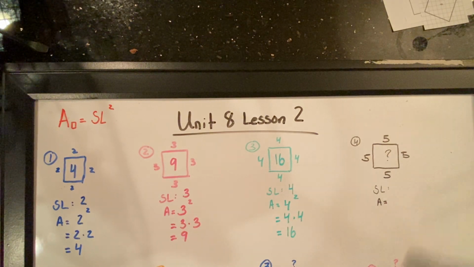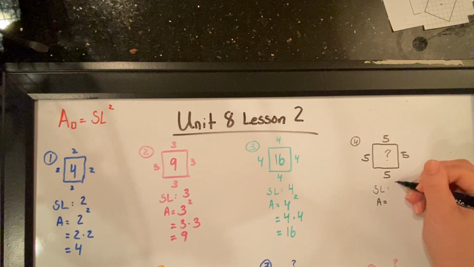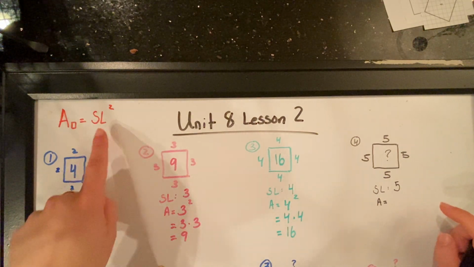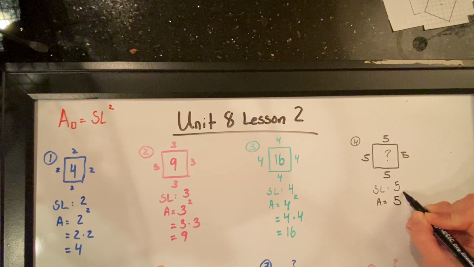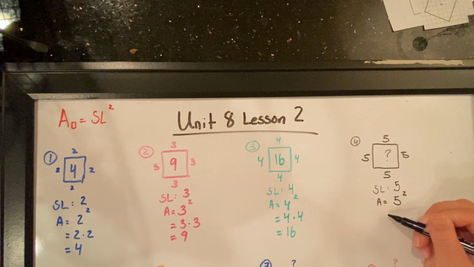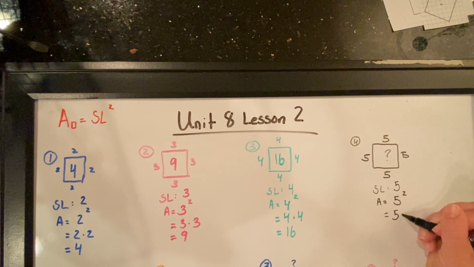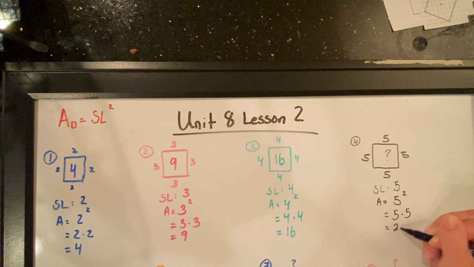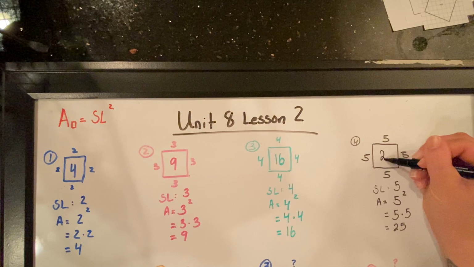So here we have a square. It wants to know what's the side length of this square. So each side length is 5. Okay? So let's find the area. So remember, it's side length squared, so this would be 5 squared. Okay, so 5 squared means 5 times 5. And 5 times 5 is 25. So the area here is 25.